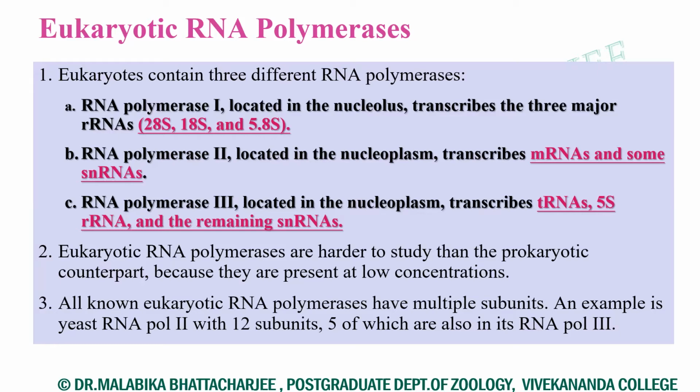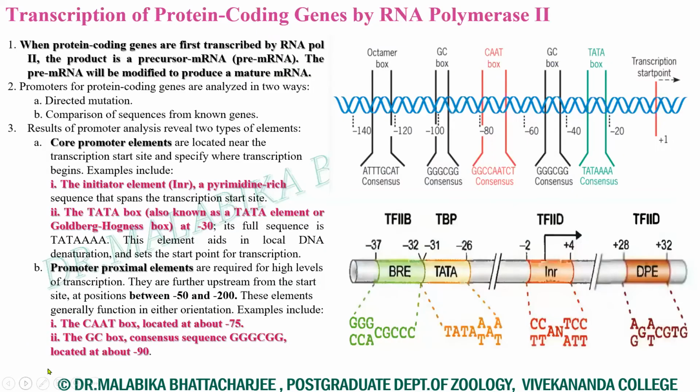And RNA polymerase 3, located in the nucleoplasm, transcribes the tRNA, the 5S rRNA, and the remaining snRNA. Remember that Pol 1 is located in the nucleus, while Pol 2 and 3 are located in the nucleoplasm. RNA Pol 2 of yeast has been shown to have 12 subunits. So this is about the polymerase.